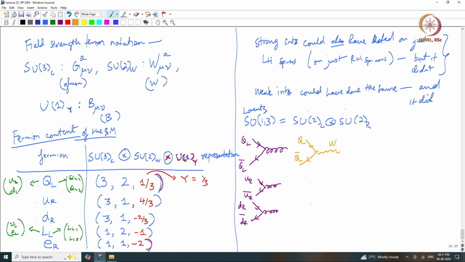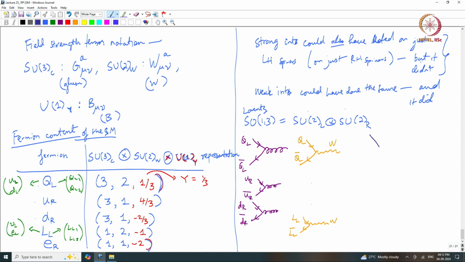It doesn't act on this, doesn't act on this, it does act on the LL, and that's it, doesn't act on ER either. And finally, the B force, the hypercharge, acts on all of them.